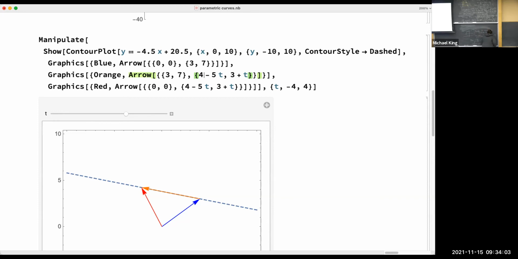If we just finish the thought from r naught plus tv, then you can see it's 3 plus 2t i plus 7 minus 9t j. And so x is 3 plus 2t, and y is 7 minus 9t.